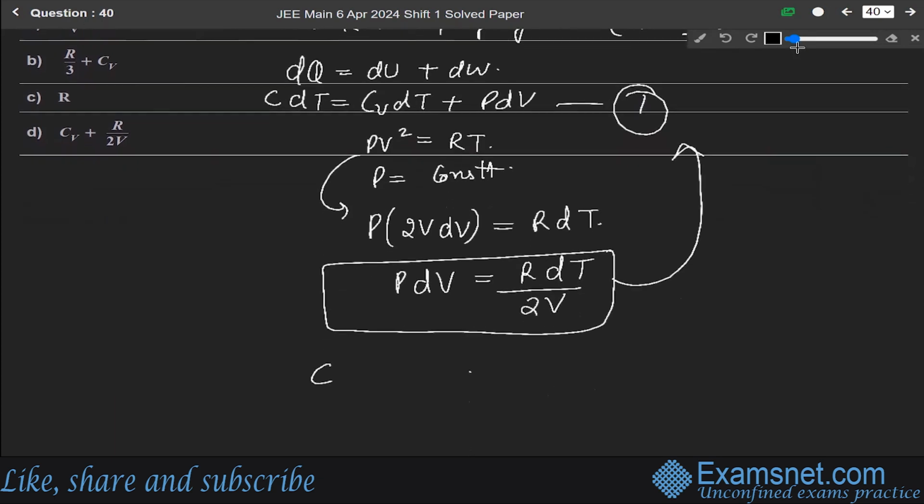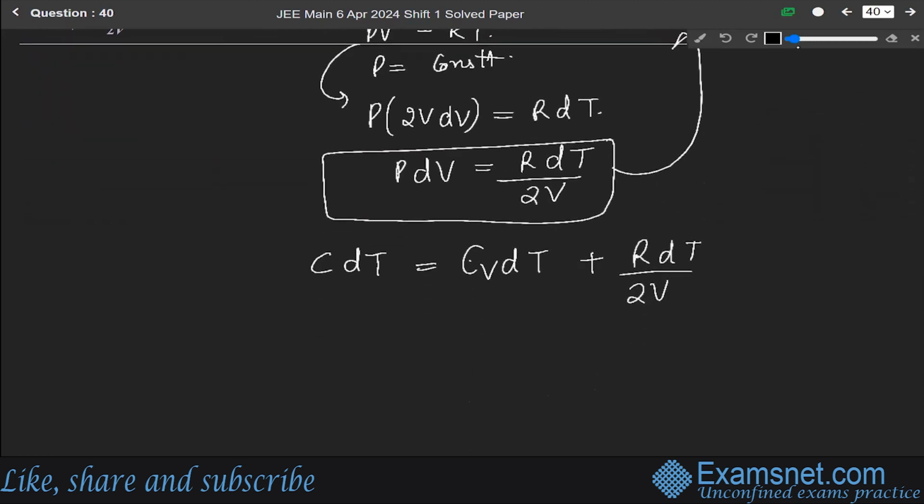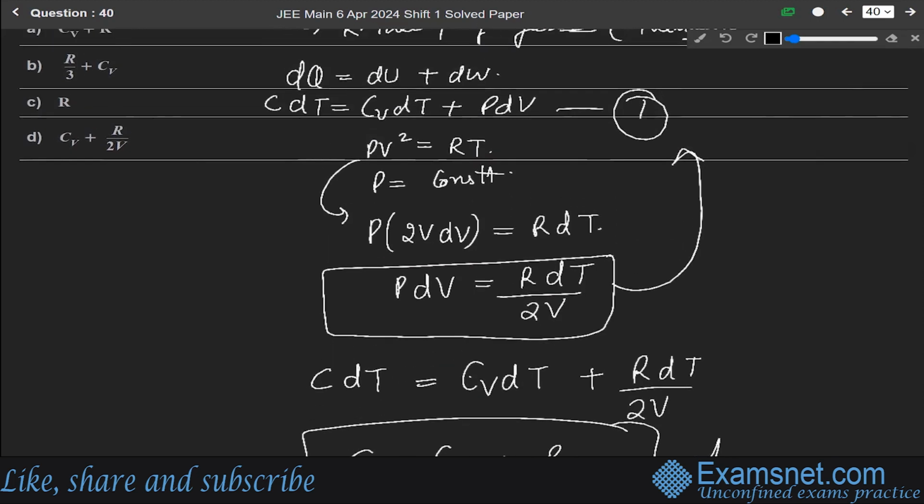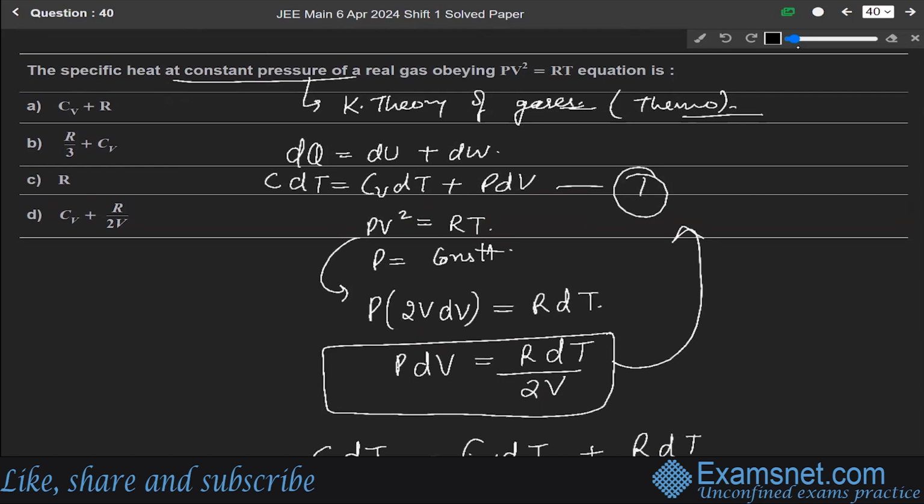So we get C dT equals Cv dT plus R dT over 2V. Okay, so dT cancels out. So we get C is equal to Cv plus R over 2V. This is the final answer. So from this point of view, option D is the correct answer.